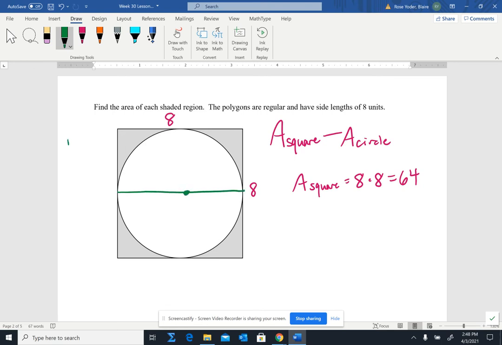The diameter is 8. So let me do RDCA because there's a circle in the problem. Diameter is 8. I can cut that in half, and that's the radius. I can put a pi on it, and that's the circumference. And then radius squared, 4 squared pi.